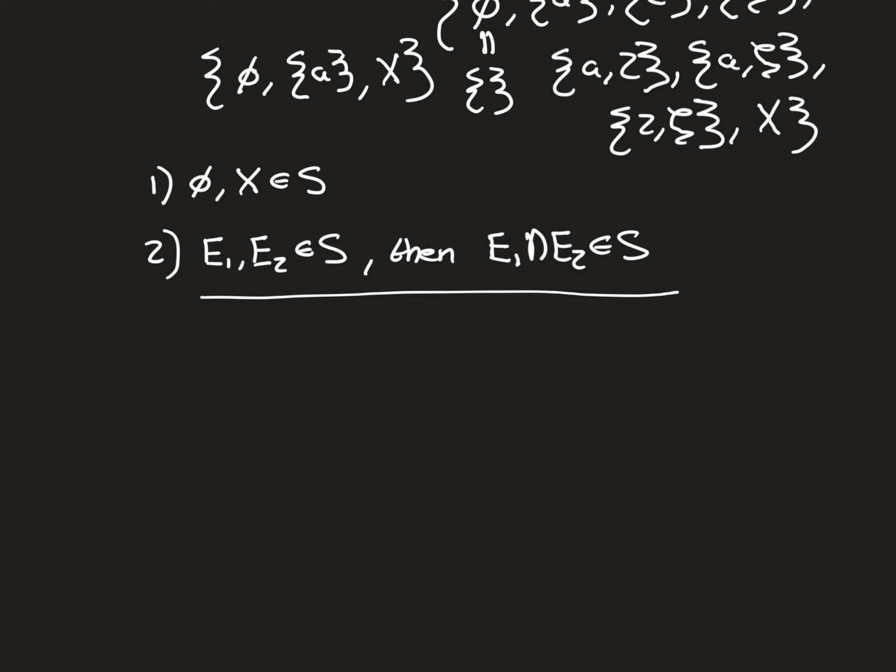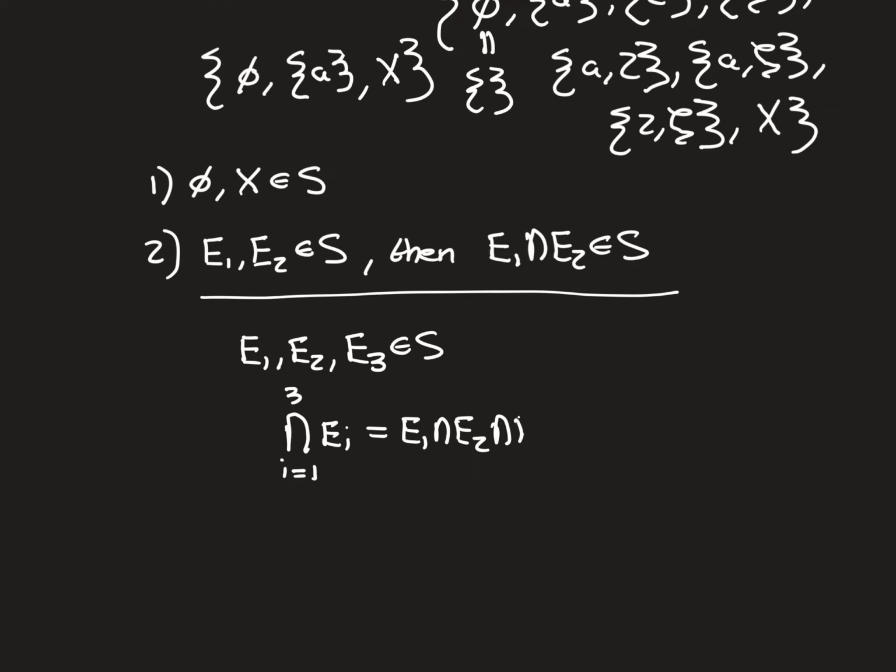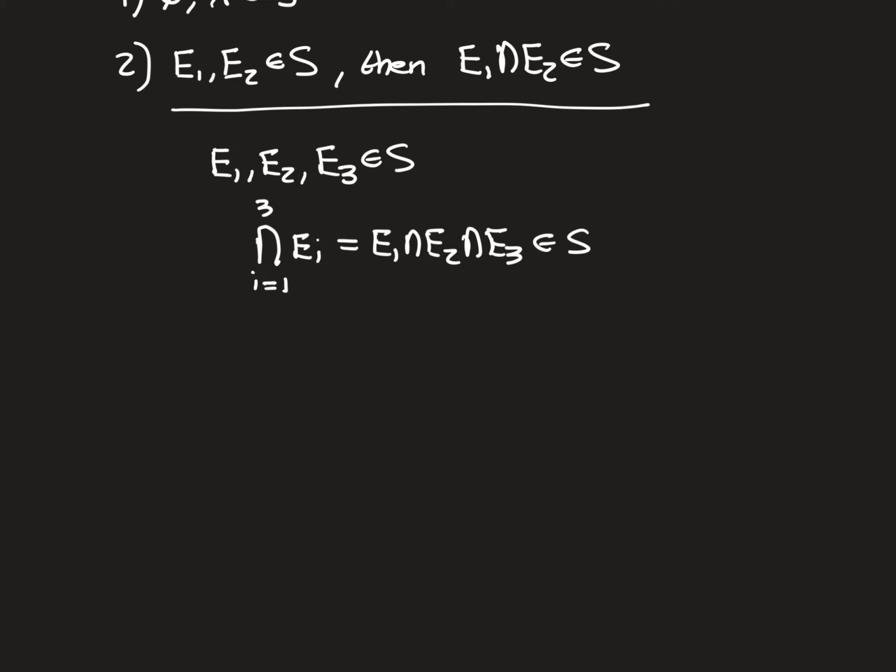And note, once this is true, it then follows that finite intersections are going to be contained within the set. Let's say I have E1, E2, and E3, those are elements of S. If I consider the intersection from i equals 1 to 3 of Ei, i.e. E1 intersect E2 intersect E3, well, the reason that this is also going to be contained in S, if what I've written out here is true, is because you can associate the intersections.